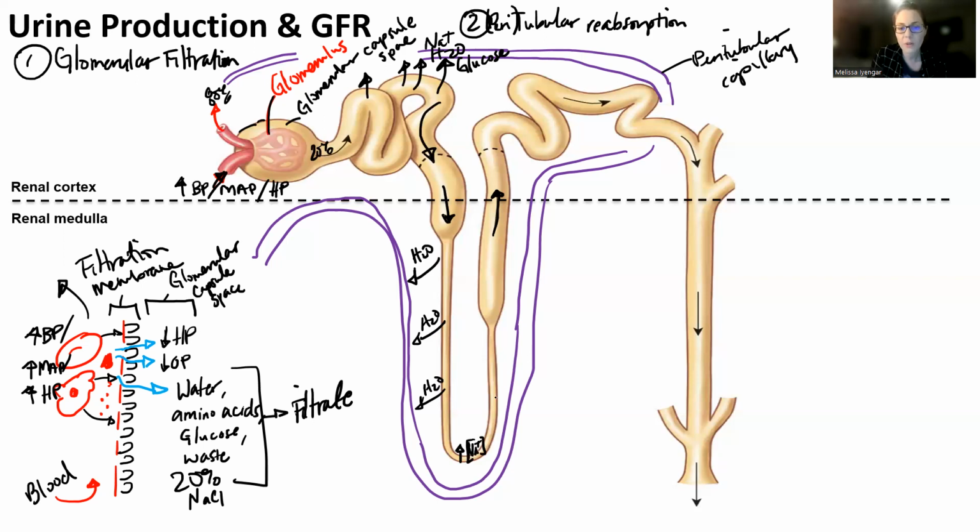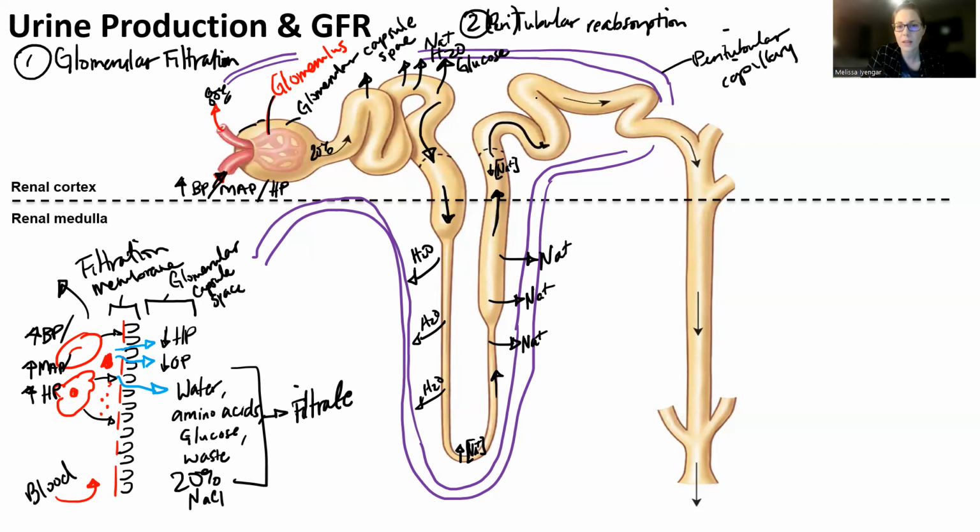And then as the filtrate goes back up the ascending limb, sodium and some chloride get reabsorbed on that side. And that means at the top of the ascending limb, you actually are going to have a lower concentration of sodium.